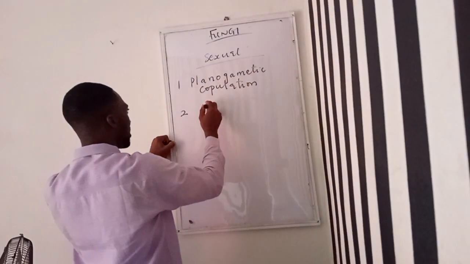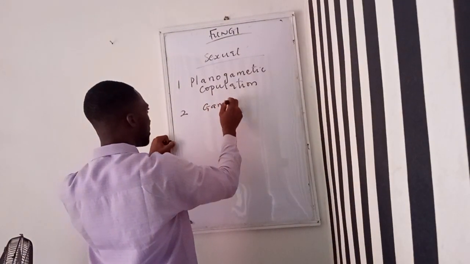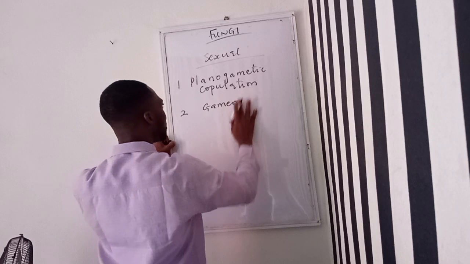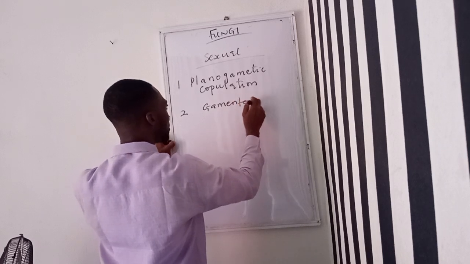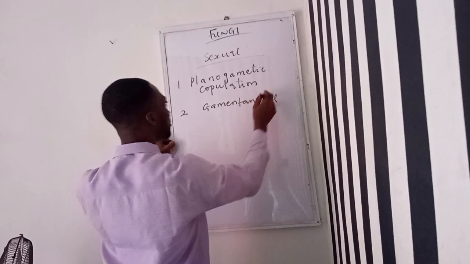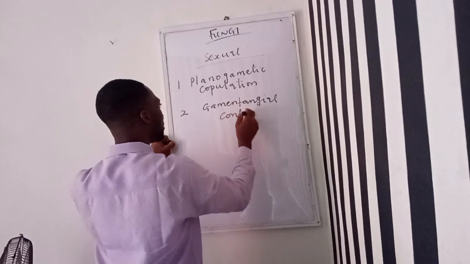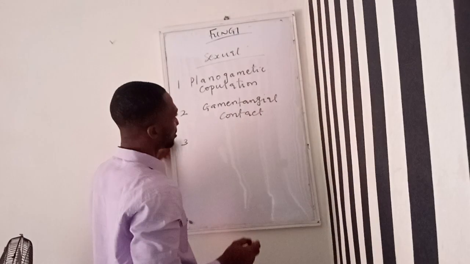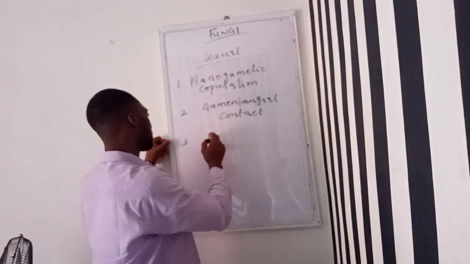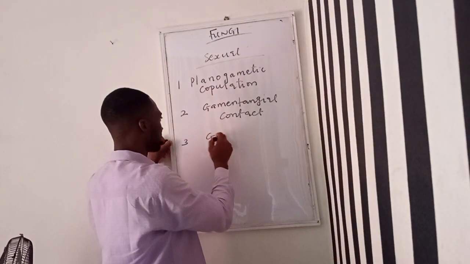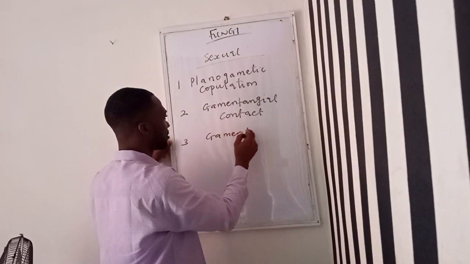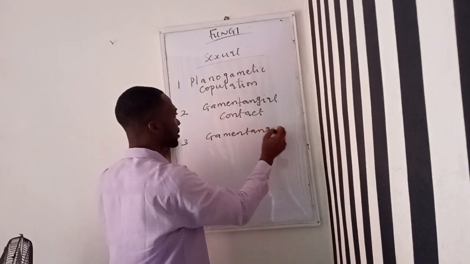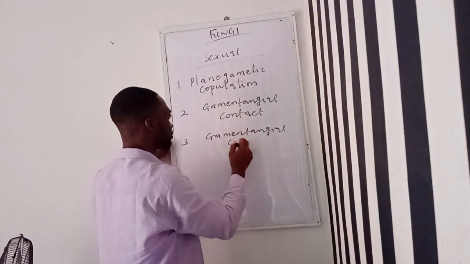The second one will be gametangial contact. Then I'll have gametangial copulation.